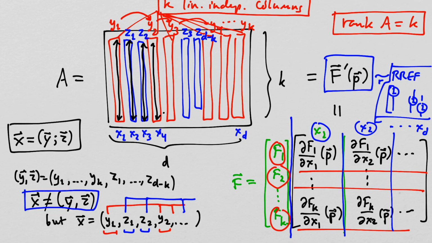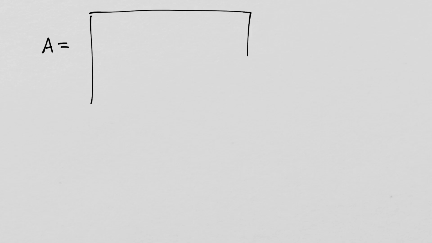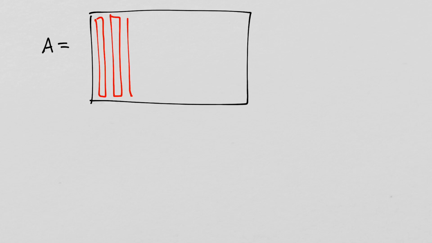But just to avoid that notation and to avoid any complication, although the proof would work perfectly fine with a general interlacing order, I'm going to assume, for the sake of simple notation, that it happens to be the first k columns. This is unlikely to happen in practice, but in the context of this proof, we may as well.